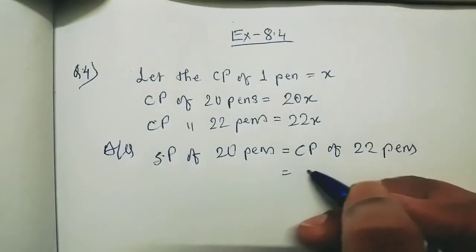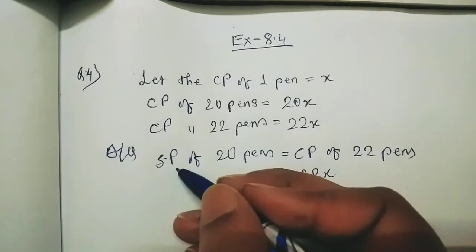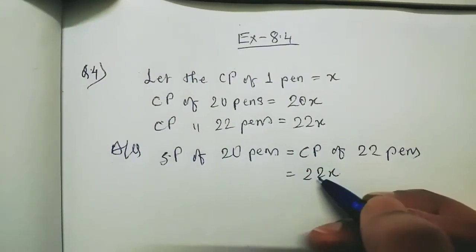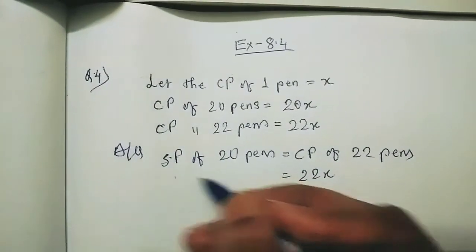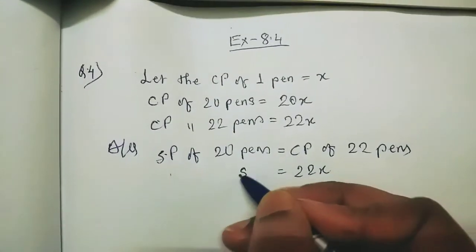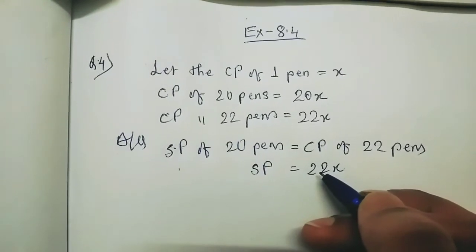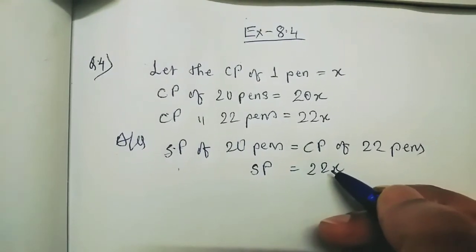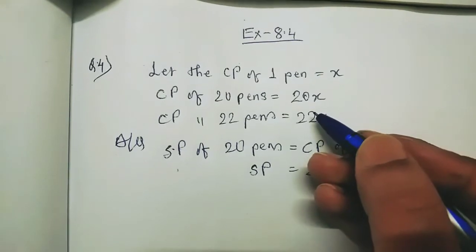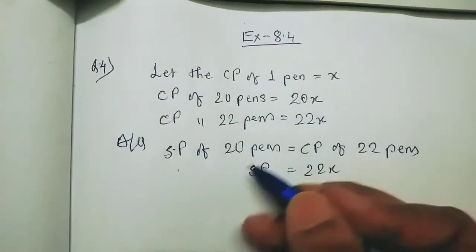So here you will write 22X. That means SP of 20 pens is now 22X. Now we got the SP of 20 pens equal to 22X. Now what is the CP? 20X, because we assumed this 20X.